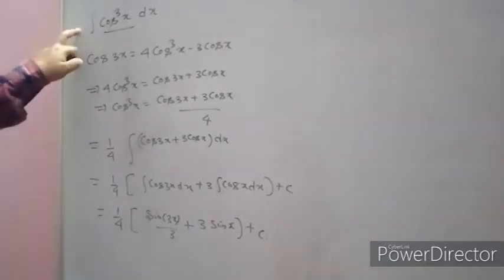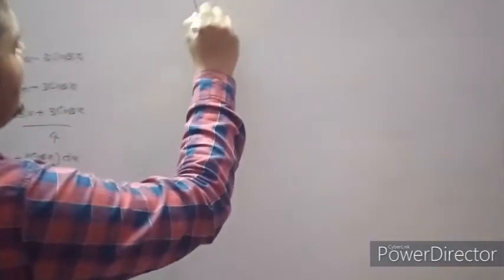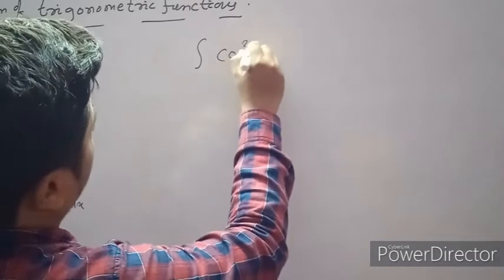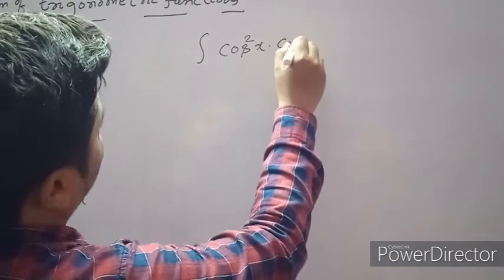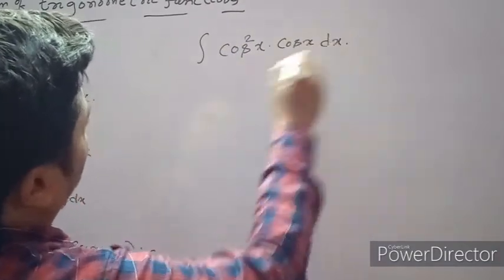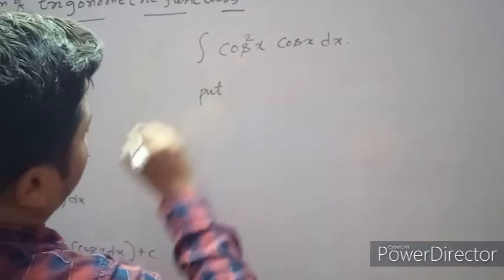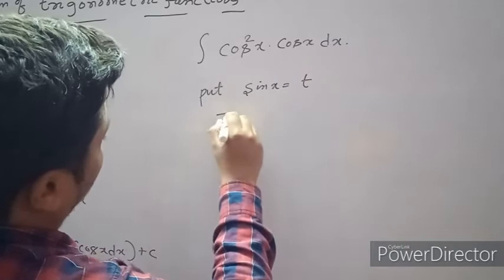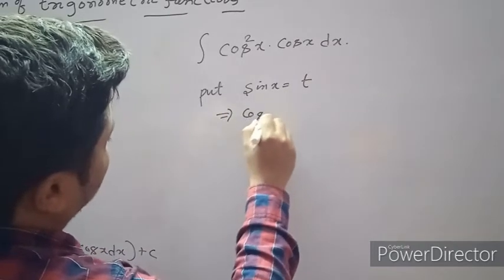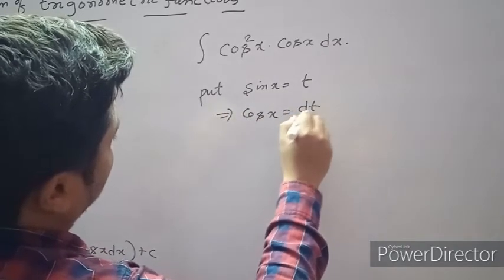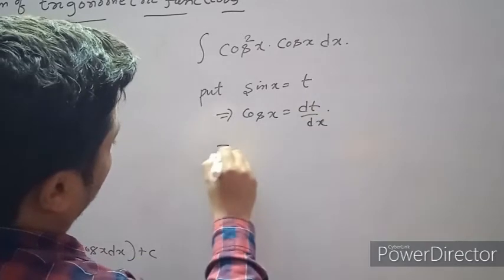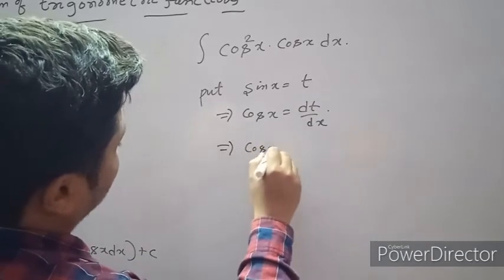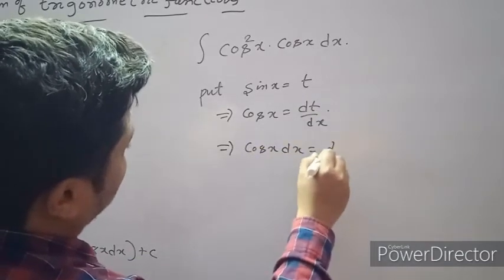You can also solve this. Suppose you start integration cos square x cos x dx. Put sin x equal to t. That would imply cos x equal to dt by dx, or you will get cos x dx equal to dt.